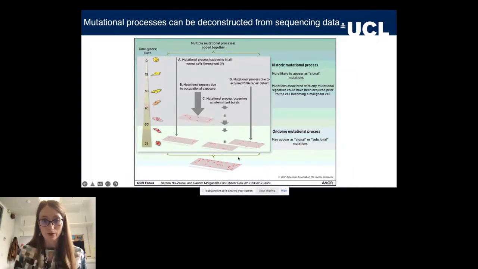So how do we actually go from this final mutational portrait of the cancer to reconstruct the different processes that will have acted upon that genome and will have induced different types of footprints in the genome?